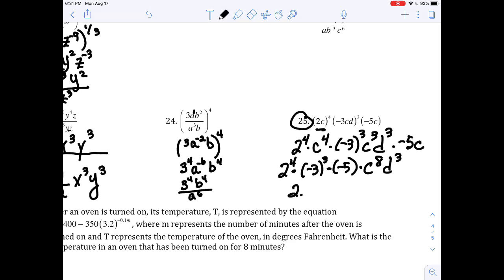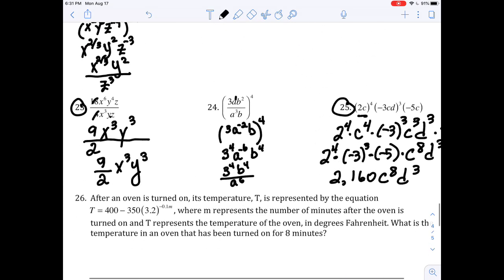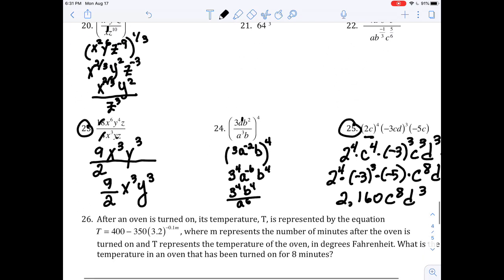And so that results in 2,160 c to the 8th d to the 3rd. So you are going to want to have your calculator handy for some of these. If you don't, you're going to have some really big numbers to multiply.